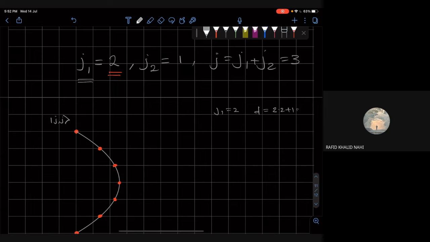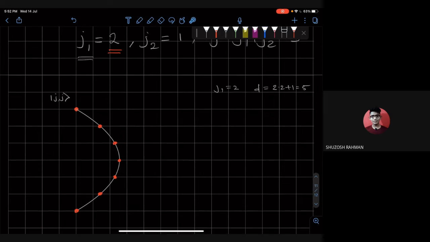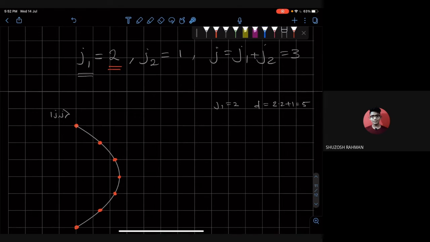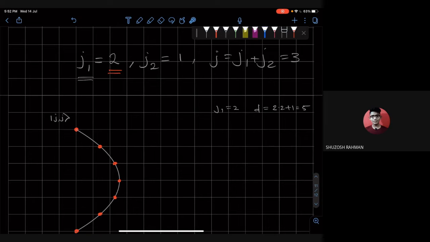So 5. Yeah, sorry, this is J. J is 3. Sorry, the total J is 3. Sorry for getting confused. J is 3, then the dimension is going to be 7, right?